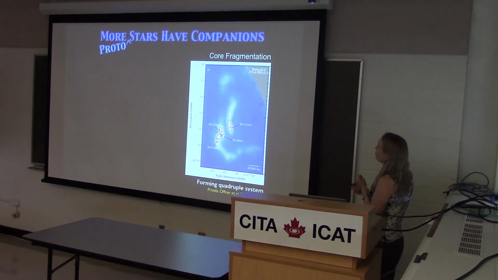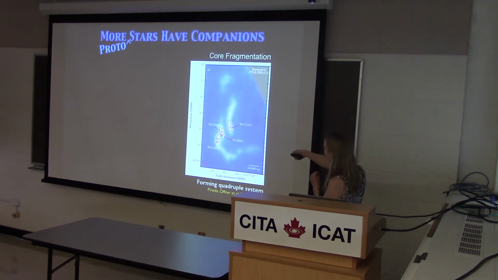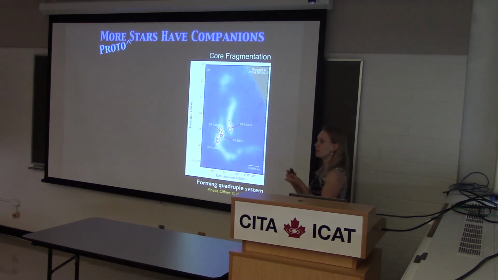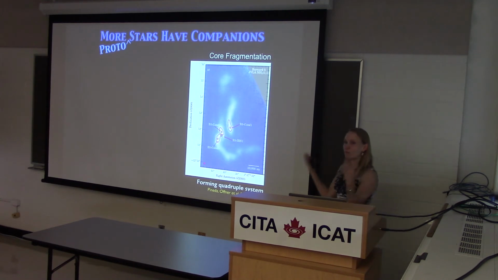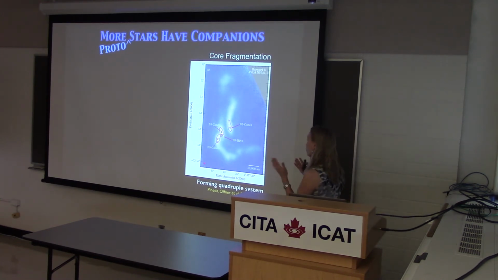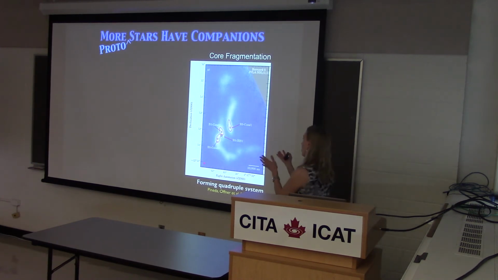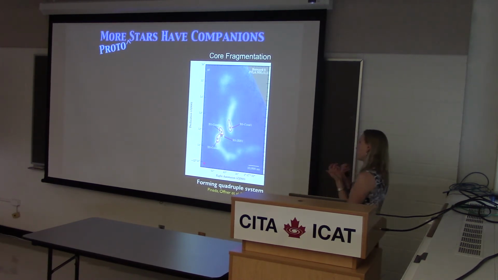And at high resolution with JVLA in ammonia, it broke up into 3 different condensations, which are each individually gravitationally bound and all bound together as a system. The system might not remain a quadruple star system, but it seems to be forming very consistently with one of them at very early times.